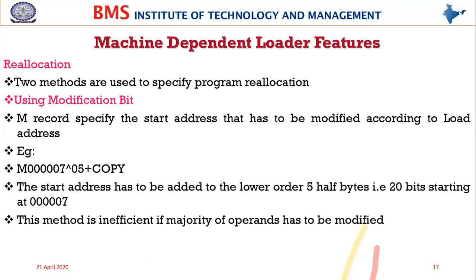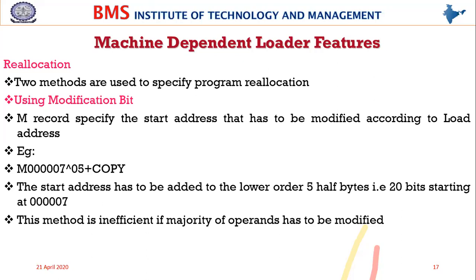In any of these cases, we will be specifying the offset. But if it is immediate, we will be specifying the value of the operand itself. But if it is PC relative, base relative or indirect, we will be specifying the offset or the displacement. The displacement is computed either relative to PC or relative to the base address, whatever it is.